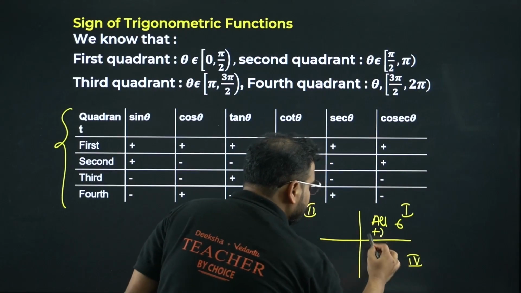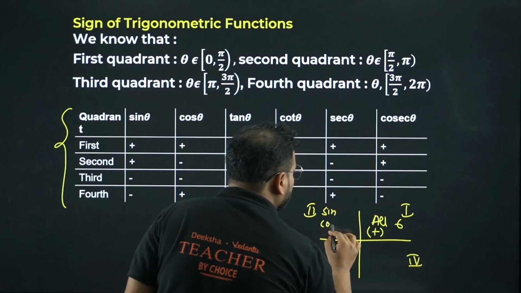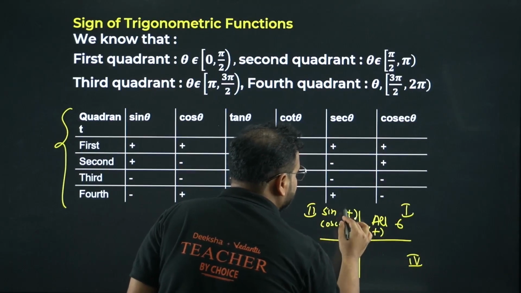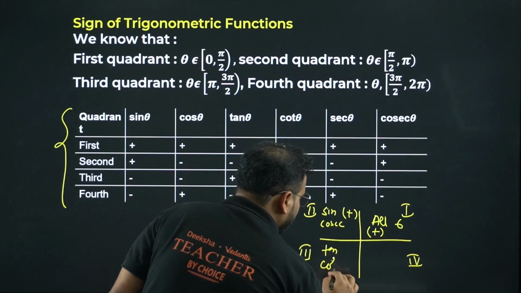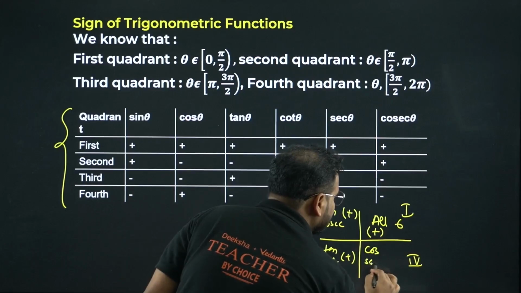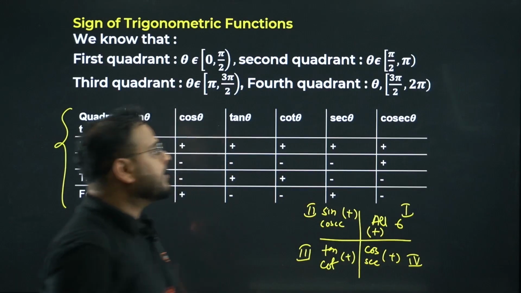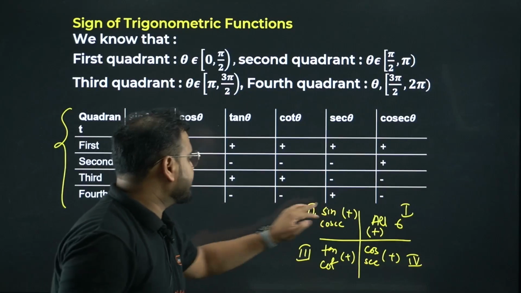In the second quadrant, only sin and cosec are positive. In the third quadrant, tan and cot are positive. In the fourth quadrant, cos and sec are positive, and the rest are negative.